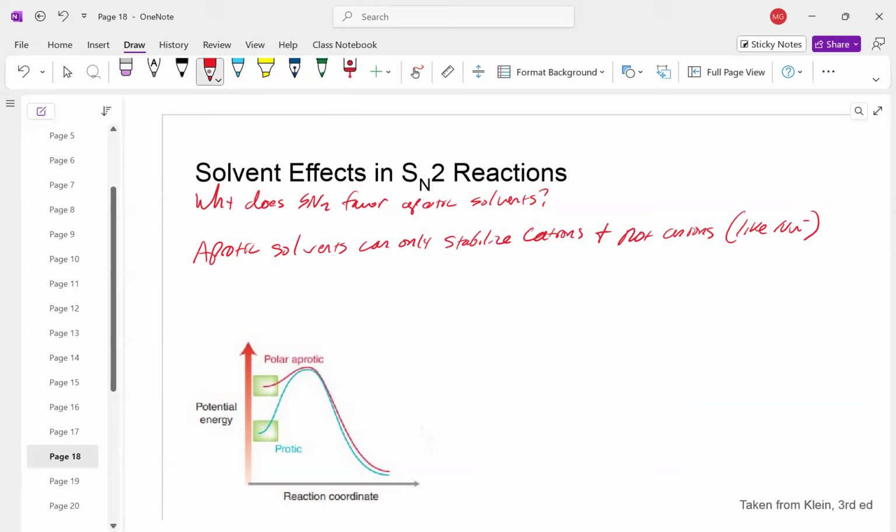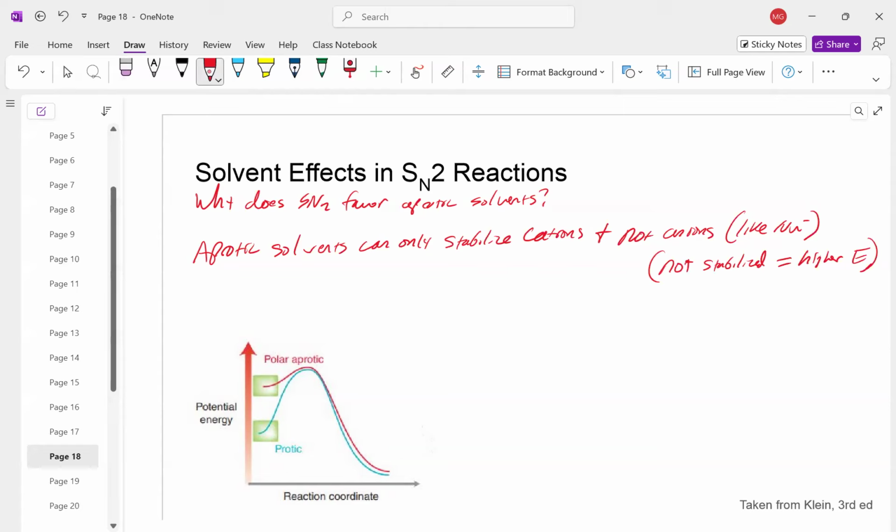Remember, if something is more stable, what does that mean in terms of its energy? That means if something's stabilized, it has lower energy. So if the nucleophile, which is a reactant and a required part of the SN2 transition state, is not stabilized, then that means it has a higher energy.